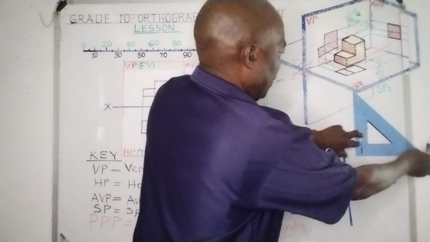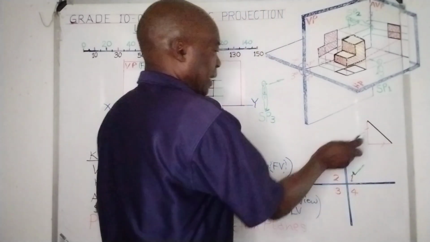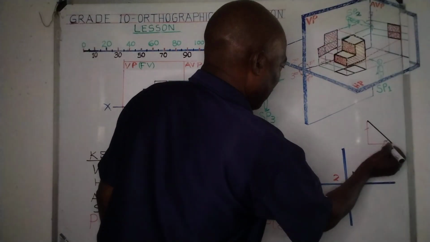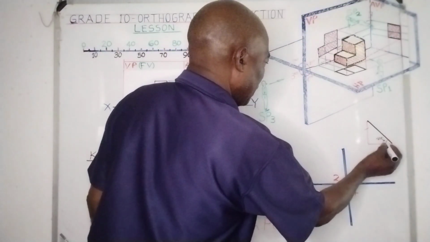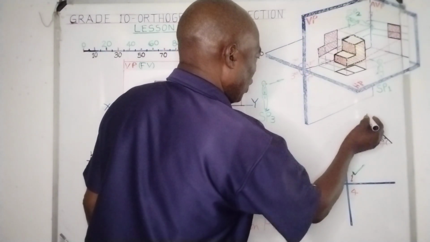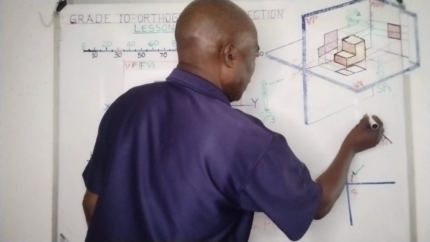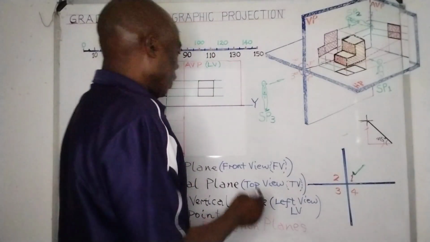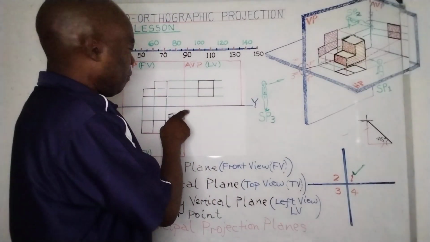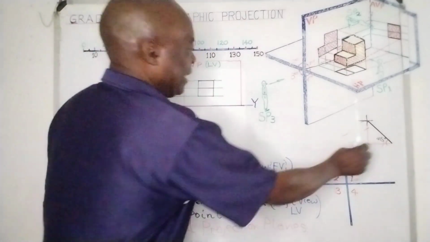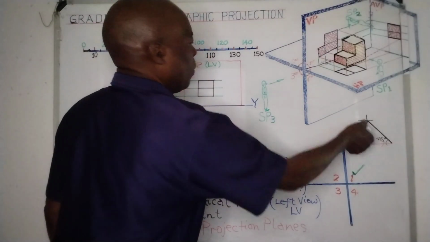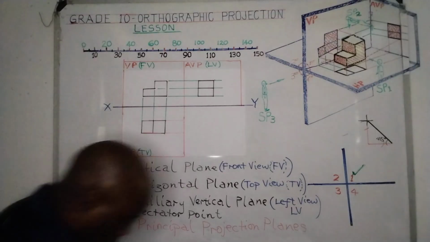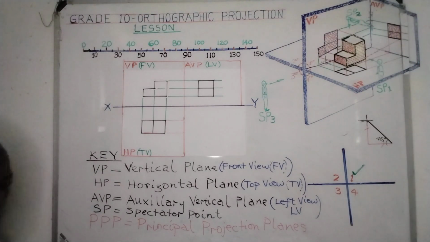Now, if you draw a line from here through that point there, it will be at 45 degrees. Or you can use your T-square and set-square like this. Your 45 degrees set-square. Straight away you put it there. Just draw a line going across so that whatever distance you project across, it will be the same in the next plane.